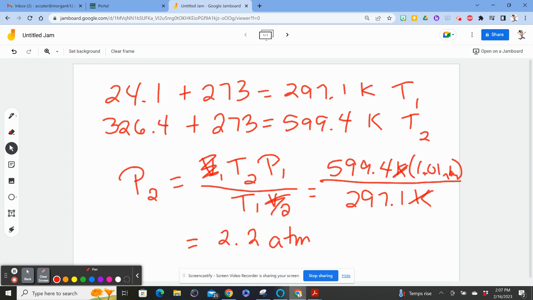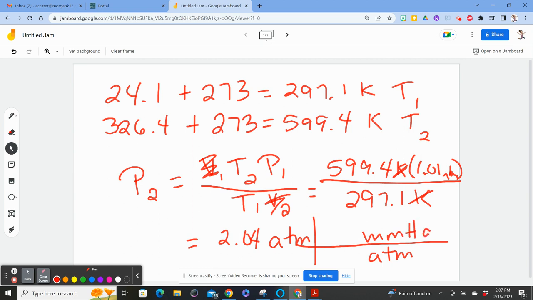So again, 599.4 times 1.01 divided by 297.1. There we go. That gives me 2.04 atmospheres. Then we're just going to use a unit multiplier to convert atmospheres to millimeters of mercury.